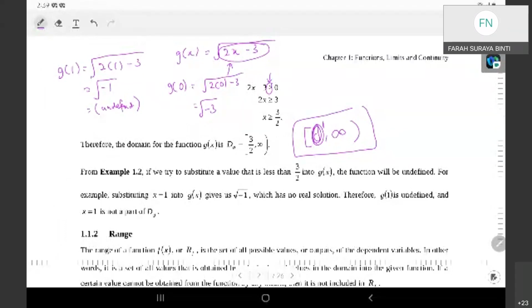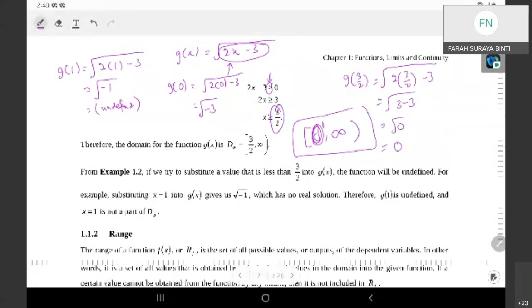So, domain dia start daripada 3/2. Sebab bila kita masuk 3/2 dalam ni, here we'll have 3 minus 3. So, it is equal to square root 0. Square root 0 is defined. Kalau tekan calculator, square root 0 is equal to 0.